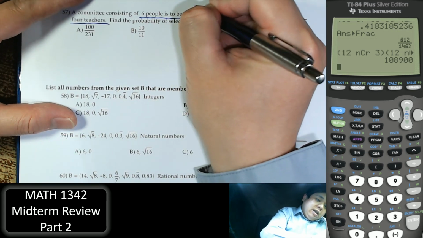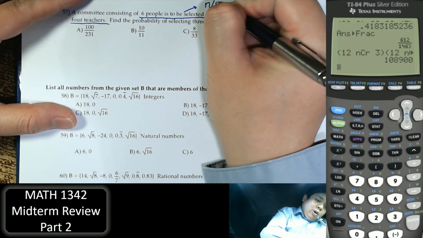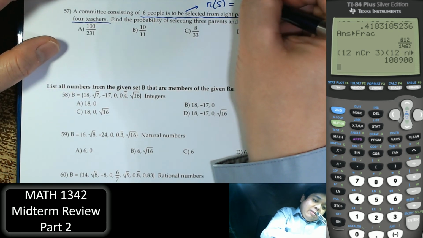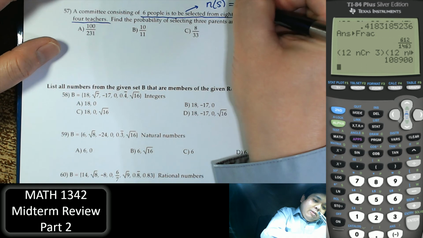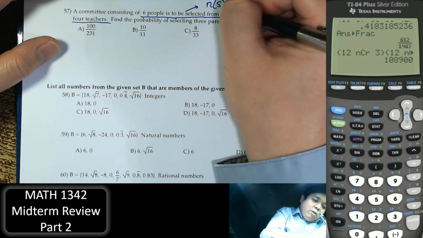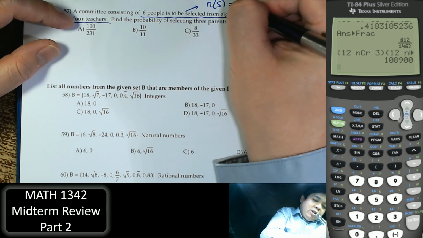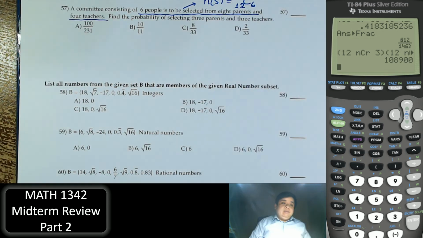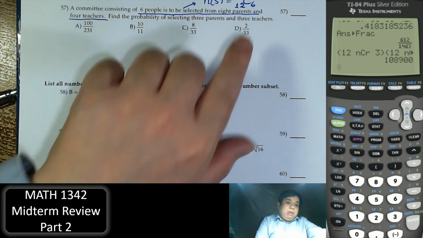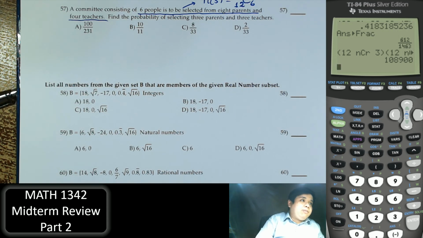So in this case, there are 8 parents and 4 teachers, so 12 total. So if we're going to pick 6 randomly, that gives us the possible ways. We're going to pick 6 out of 12, right?